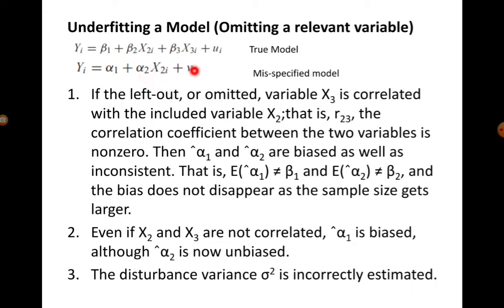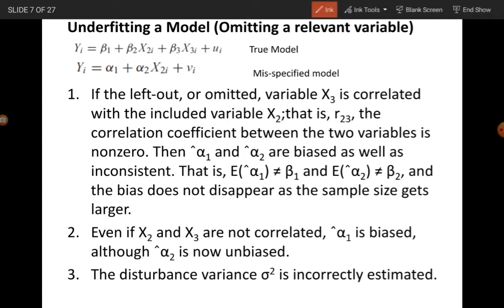Now, as you can see here, the error term of this misspecified model will actually be capturing the combined influence of the error term ui as well as beta 3 times x3i. What I mean is, if you compare these two models, both of these terms together will form the error term of the misspecified model, vi.